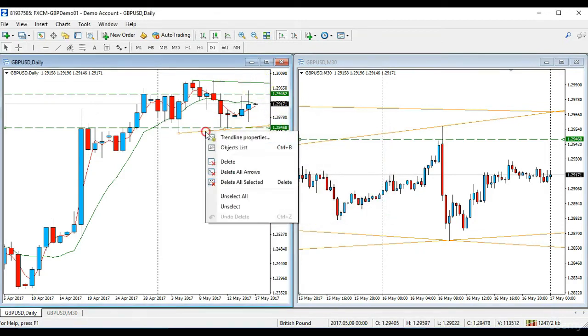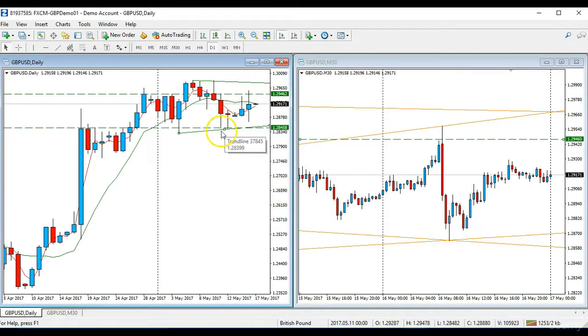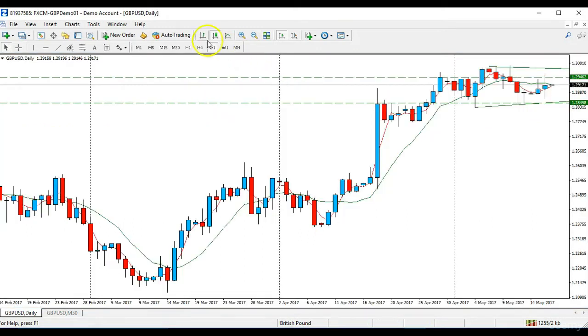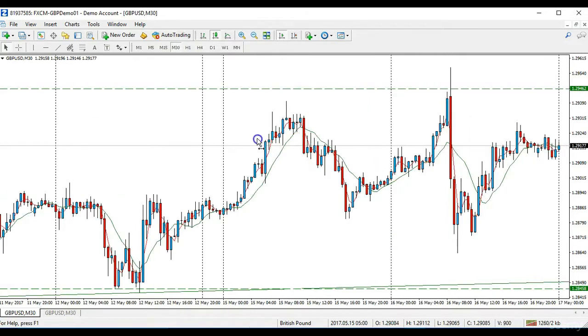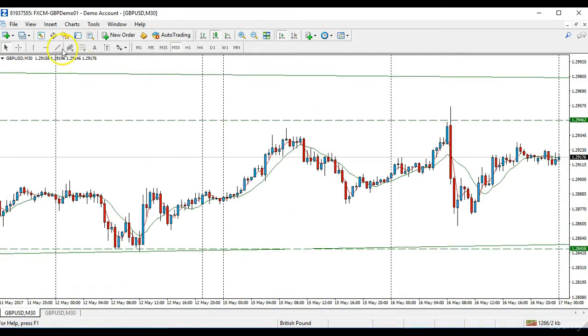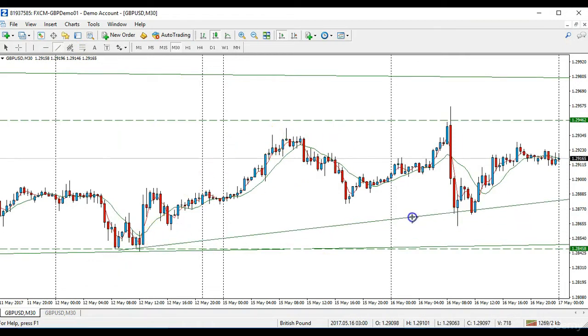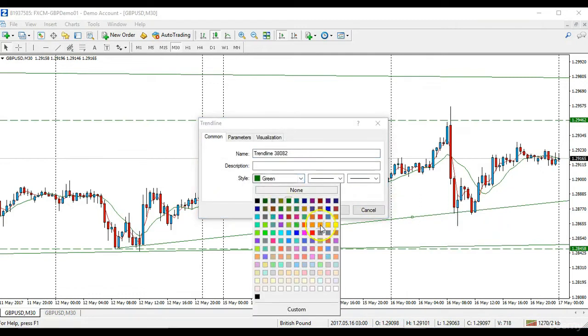Then if I go down to the 30-minute chart, I can see the daily support and resistance on this chart, and I can overlay the 30-minute trend lines.